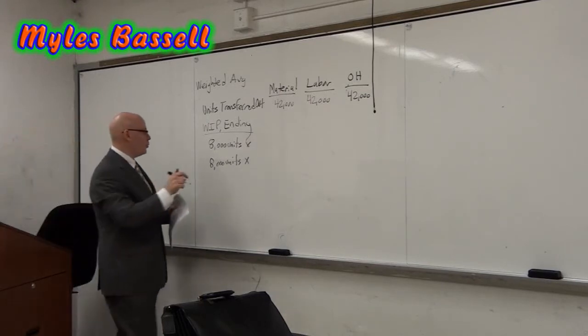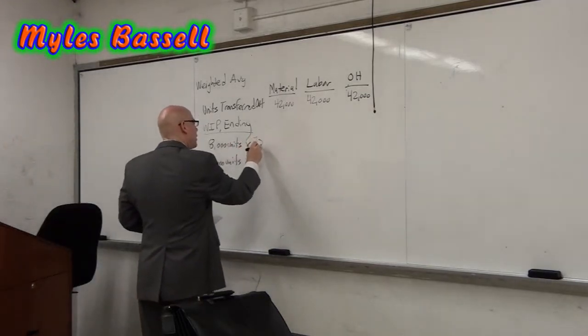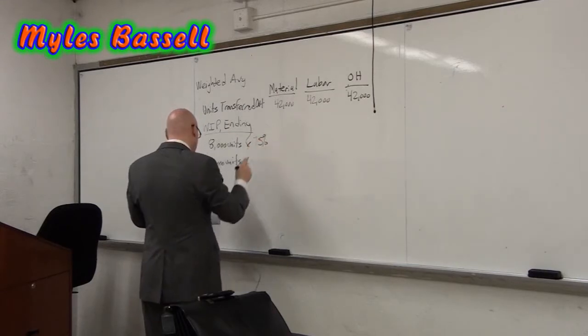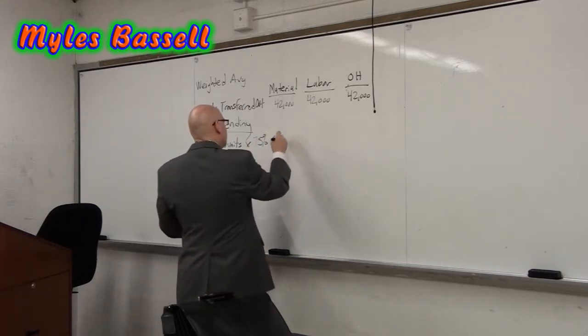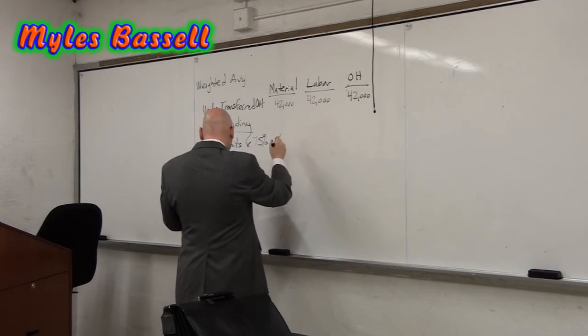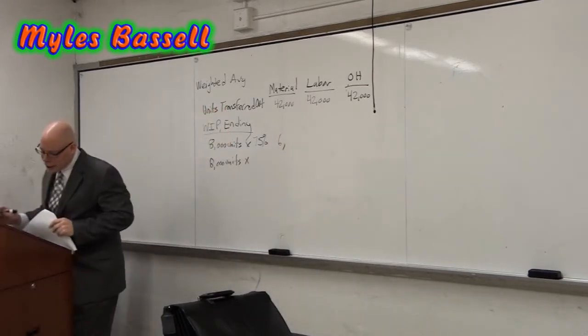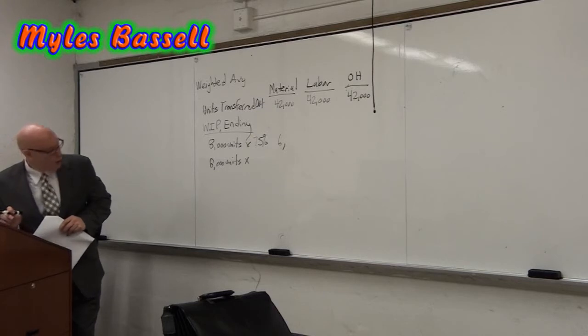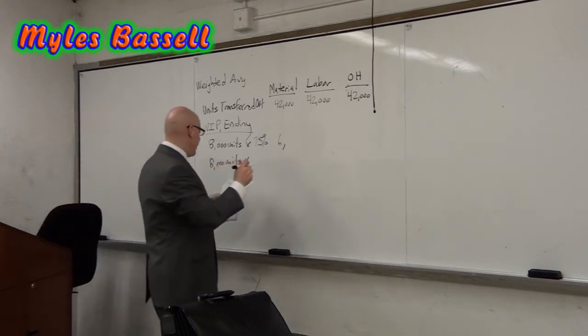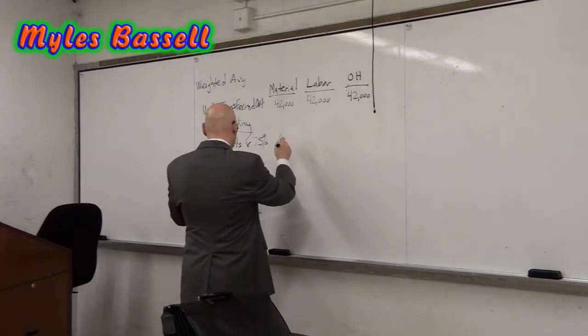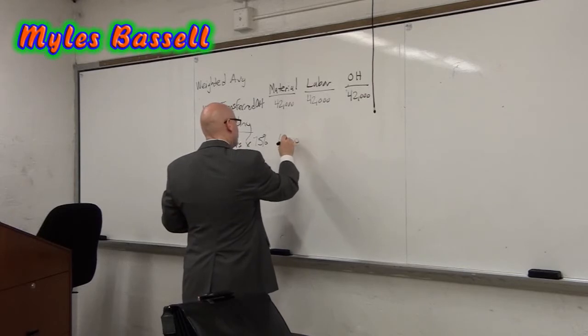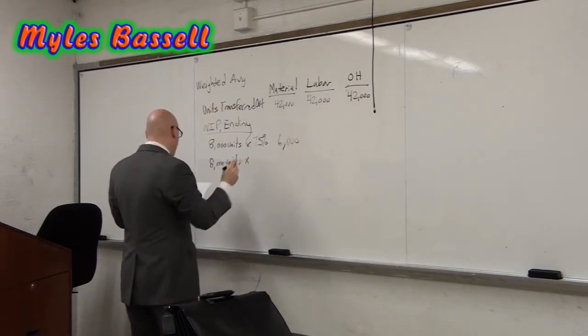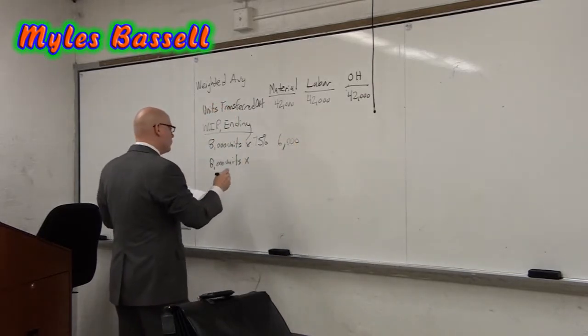75% complete, right? They tell us it's 8,000 units. With regard to material, 75% is 6,000. And then with regard to labor and overhead is what?